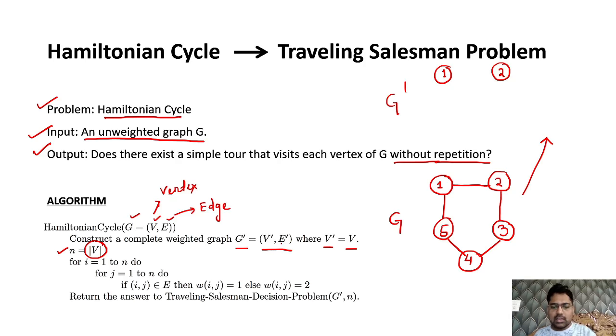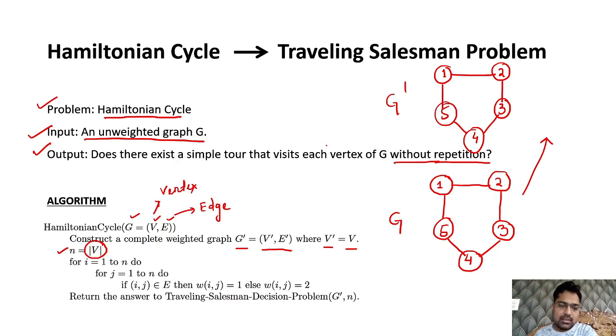Whenever we write G dash, we should write edges and vertices, and the vertices V dash should be the same as V, meaning the number of vertices we create should be similar: 1, 2, 3, 4, 5. Next, n is written in this order, 1, 2, 3, 4, 5, so n will be 5. However many vertices there are, it will be n.